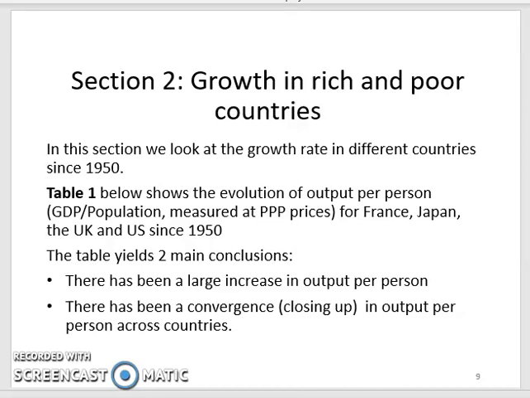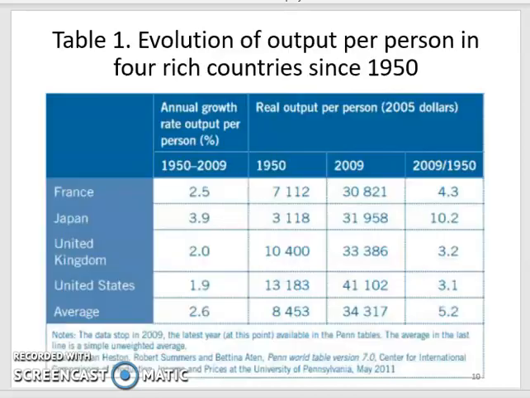So what we're going to see in the table is two main conclusions. One, there has been a large increase in output per person over the time frame. And two, there has been a convergence, which is a closing up in output per person across countries. So let's look at these factors in detail.